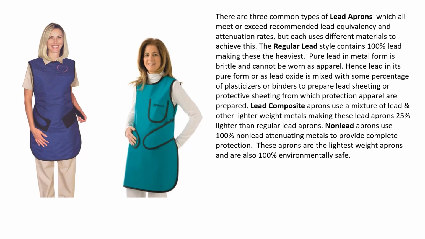And there is non-lead, which we look at the attenuation factors of the materials that are used in constructing the apron to compare it to the lead aprons. The point being is the factor that makes a difference here is the malleability of the material and the weight of the material.